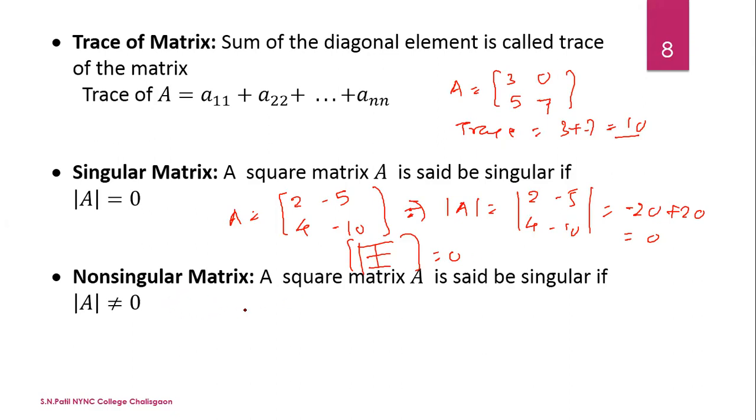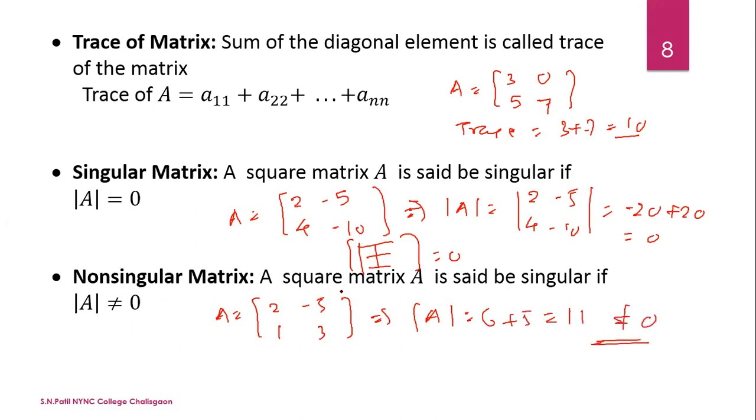Non-singular matrix, for example, if the determinant is non-zero, then it is a non-singular matrix. That is, A is equal to [2 -5; 1 3]. Then its determinant is 6 minus minus plus 5, that is 11, which is non-zero, so that is a non-singular matrix.